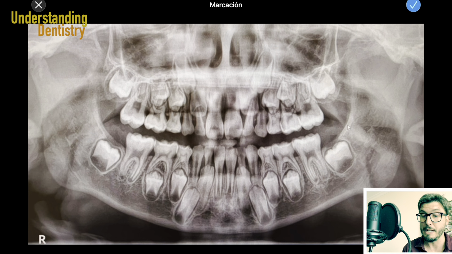We have here these central incisors, and they are bigger than the other incisors and anterior teeth, because they are permanent already, right? So they are permanent teeth, the central incisors, because they already erupted, and even the two lower central incisors, right? They are already erupted.